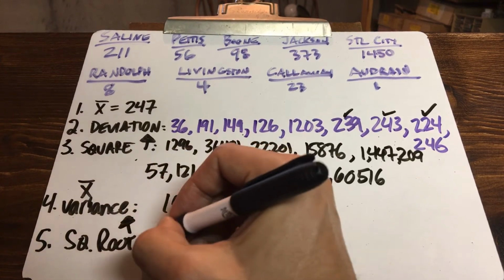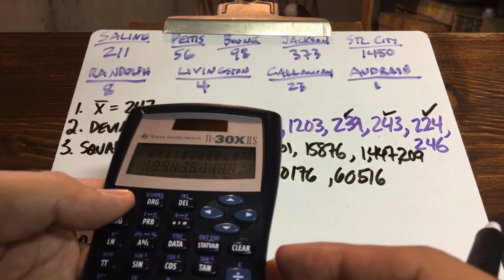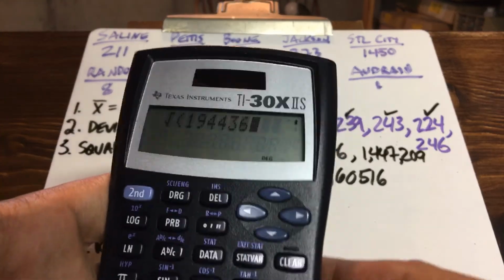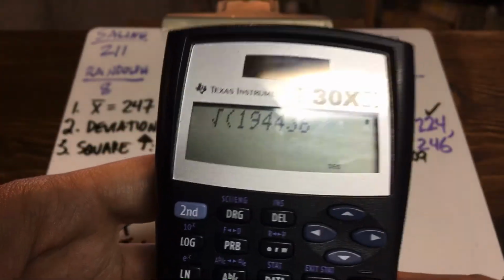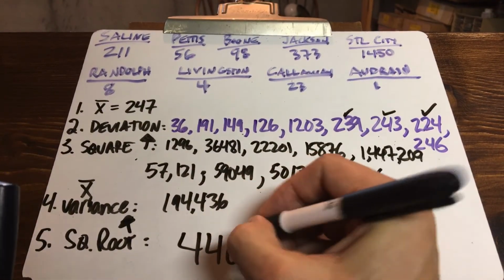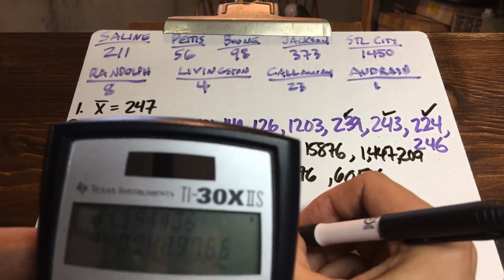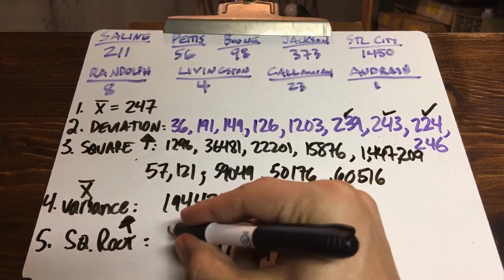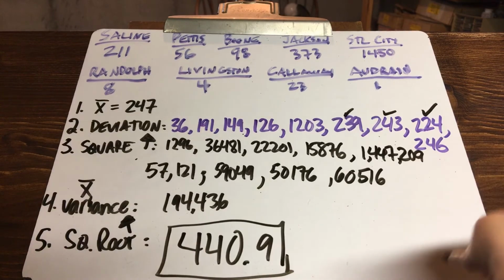So I'm going to do second square root 194,436. There it is. 440.94. So I'm going to put 0.9. Right? And so our standard deviation is 440.9.